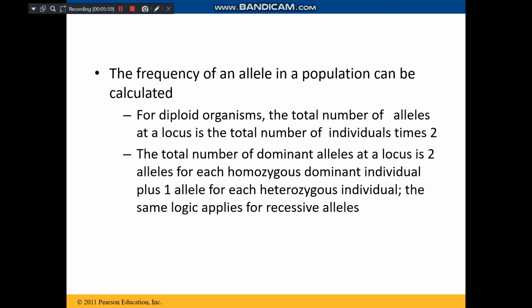A heterozygous individual naturally will have one dominant allele and one recessive allele. The same applies to the recessive allele also. Homozygous recessive is 2, and heterozygous, if it is there, it is 1.